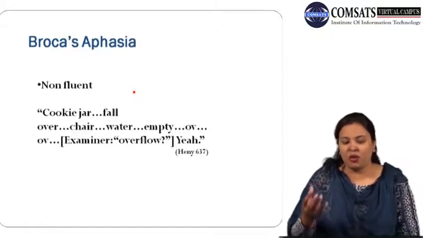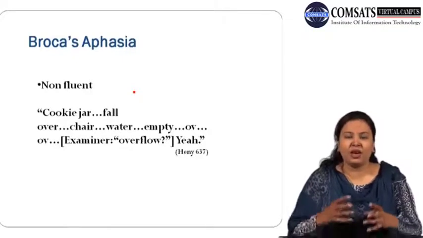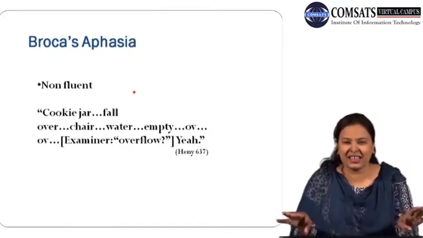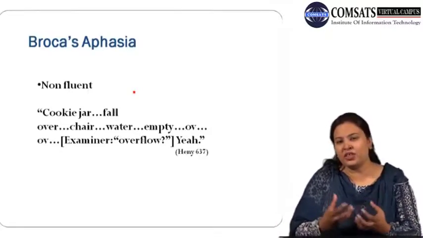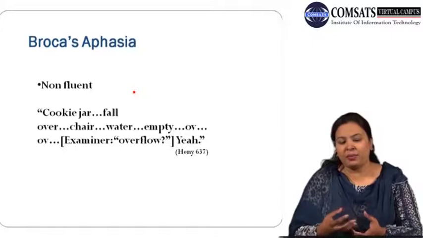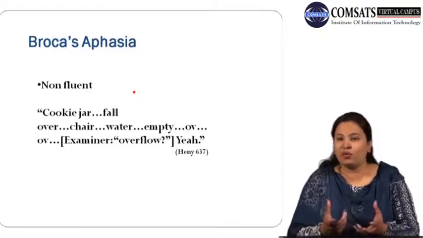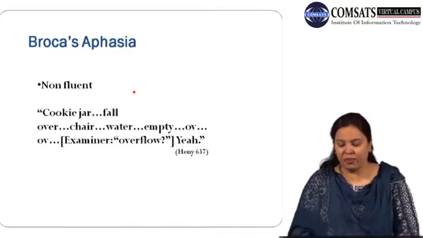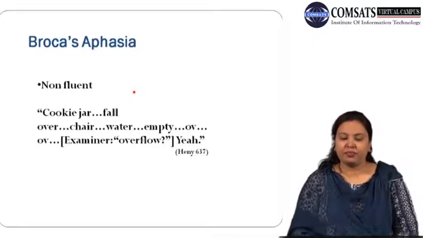Their pauses, fall, over, pause, chair. Proper syntax is not created. Again, the words are randomly picked, and they are pronounced without fluency. This type of aphasia is known as Broca's aphasia.